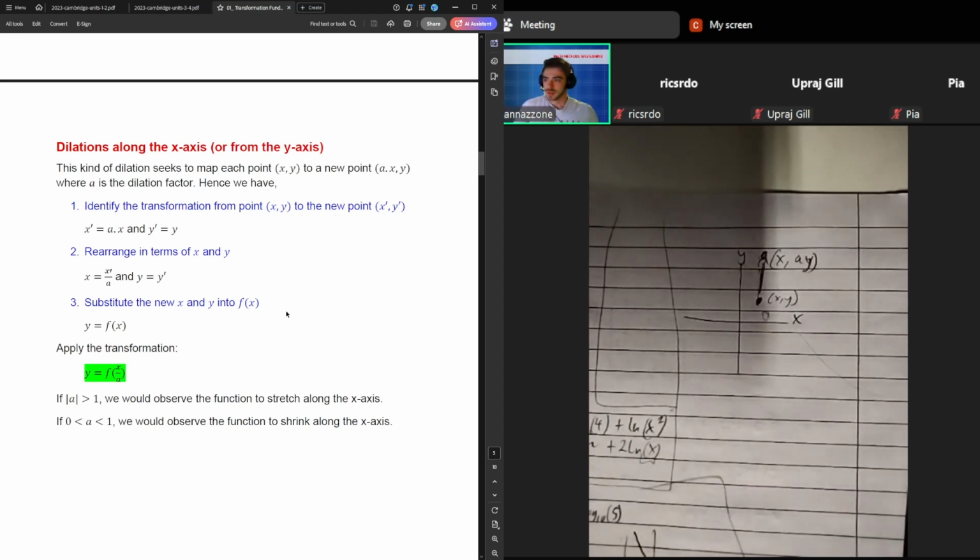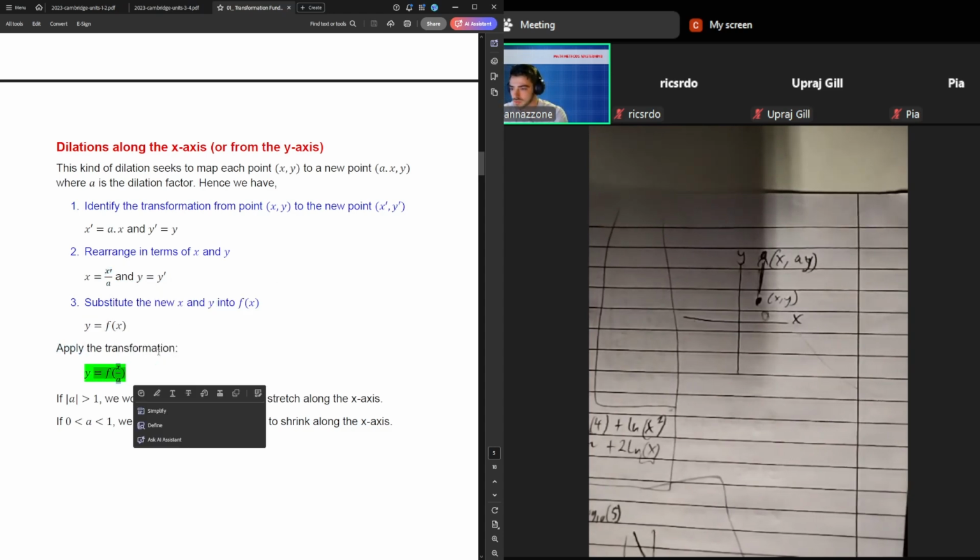Okay. Also dilations, this time in a different direction, along the x or from the y. Same idea, but now we're applying it to the x. The exact same steps, but this time x is getting the a value. When you sub that into your function, you'll notice that no further rearrangement needs to be done. We only care to get y on its own, and y is already on its own.